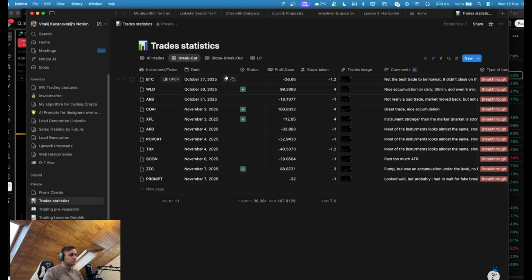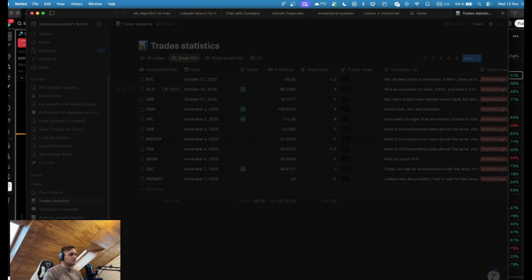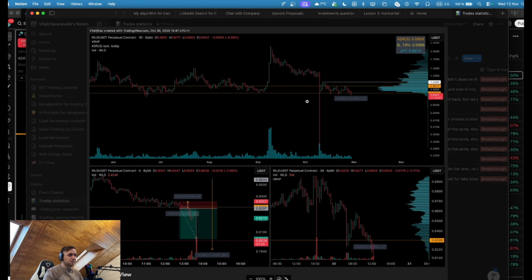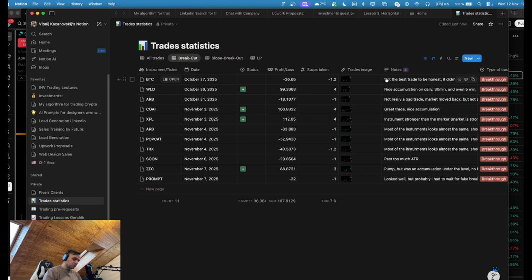I fixate all my trades, all my profits, all my losses. I add the screenshot where I see the trade, where I see my mistakes and where I can learn. And I also have my notes where I write what I'm feeling, where I see my mistakes, why I have done that. And at the end of the month, I try to analyze it and not repeat the same mistake.